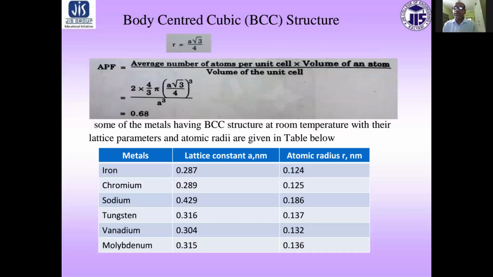Ultimately, the relation between the radius and the lattice parameter A is R equal to A into root 3 by 4.